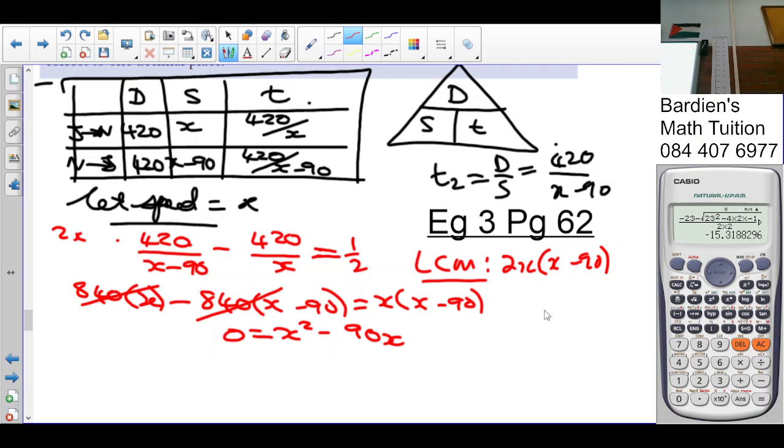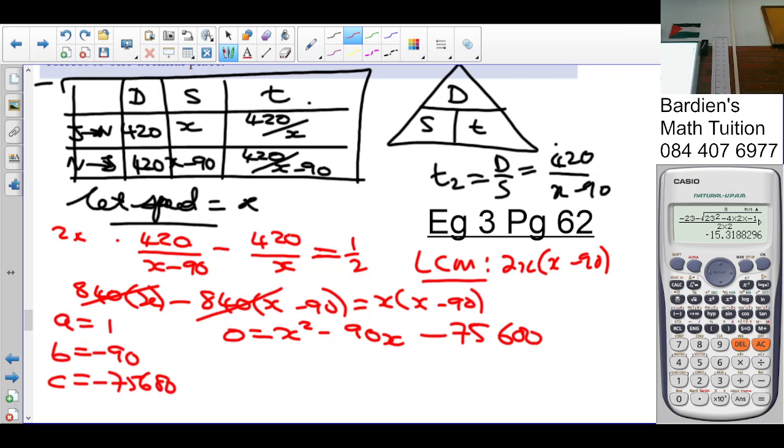So 840 times 90 is what? 75,000 something. Now, so that's going to be a positive value. You take it over the equal sign, it becomes negative. Negative what? 75,600. So use the quadratic formula. A is equal to 1, B is equal to negative 90, and C is equal to negative 75,600. So we punch that in the calculator.